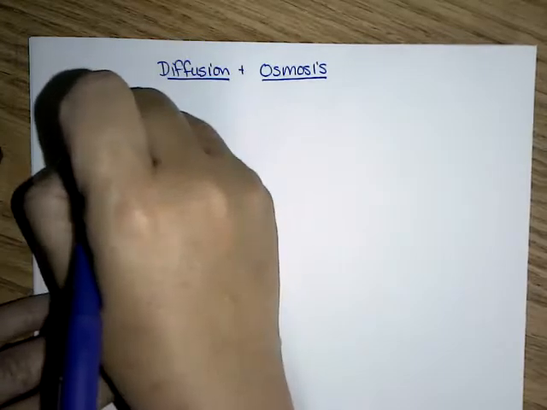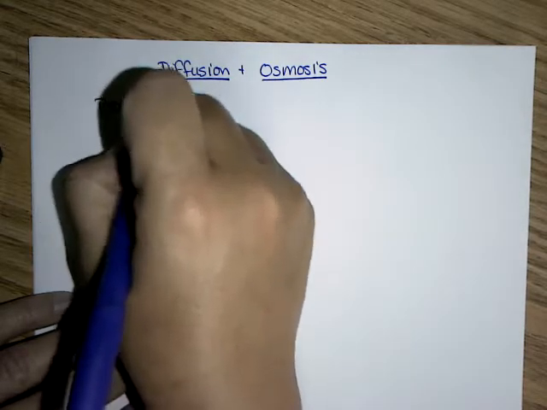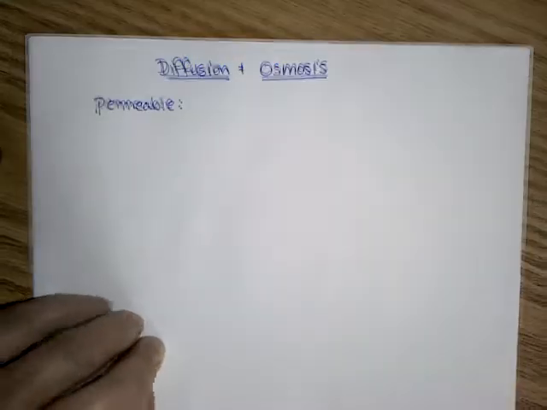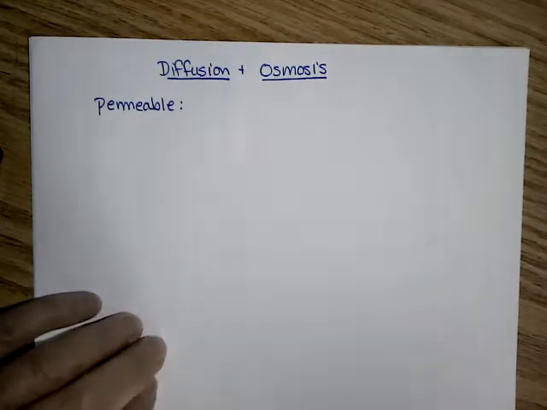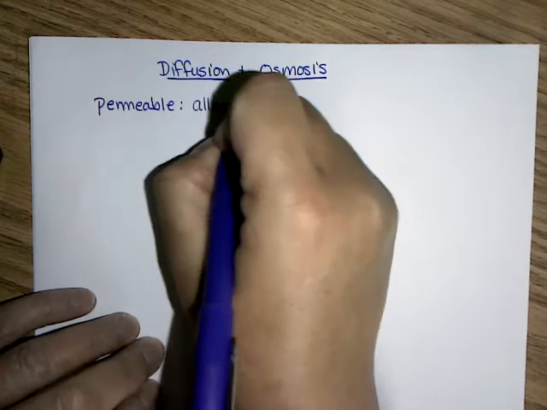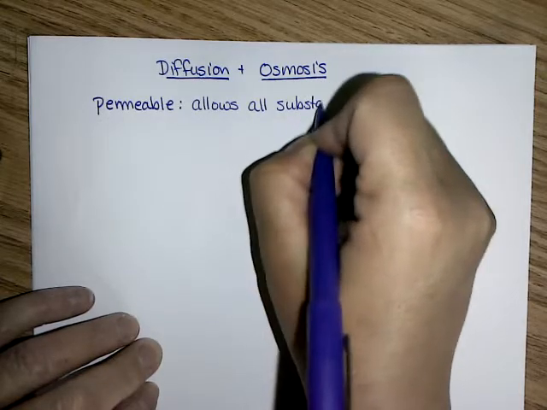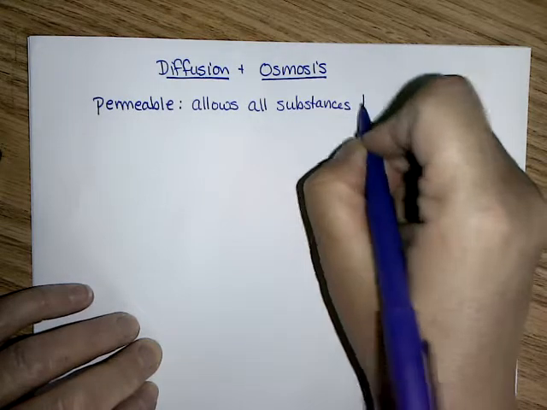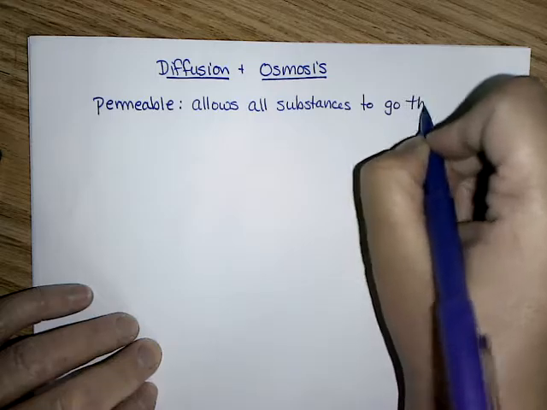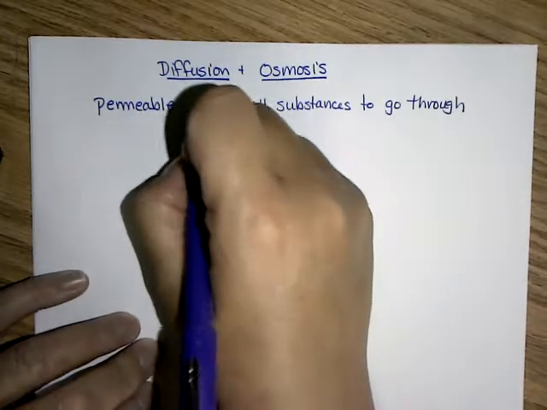So let's talk about permeable. P-E-R-M-E-A-B-L-E, permeable. Permeable means that it allows all substances to go through a membrane.